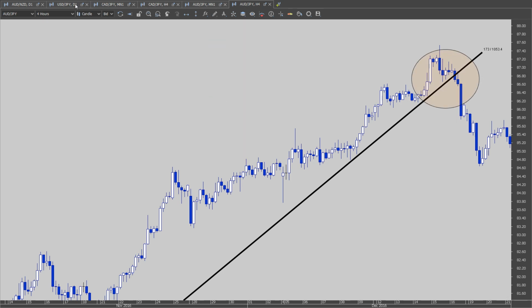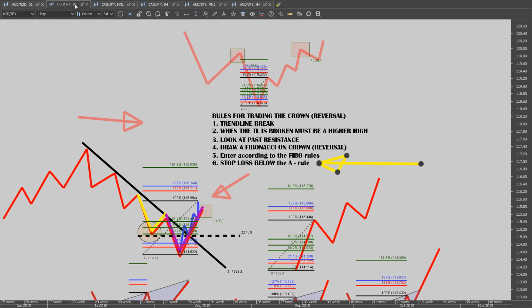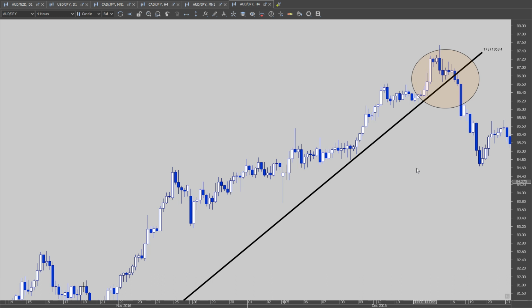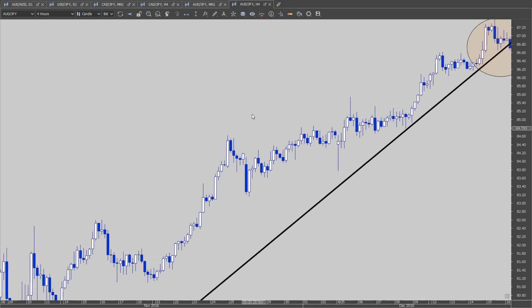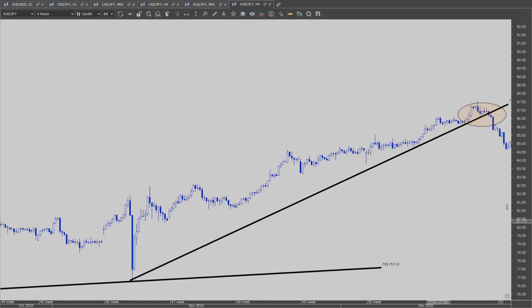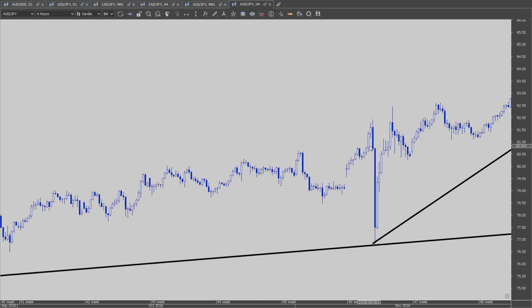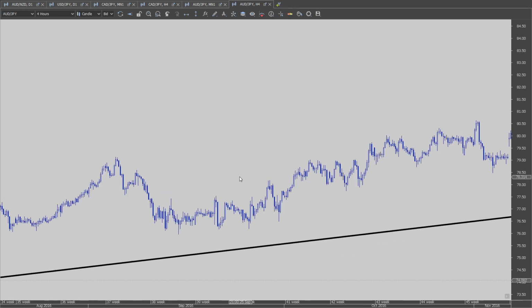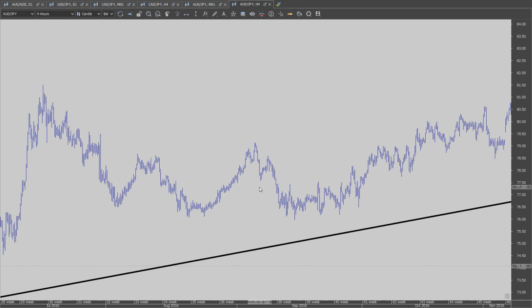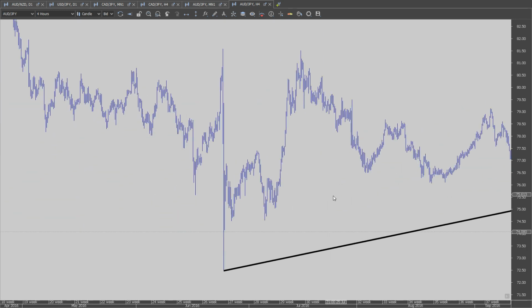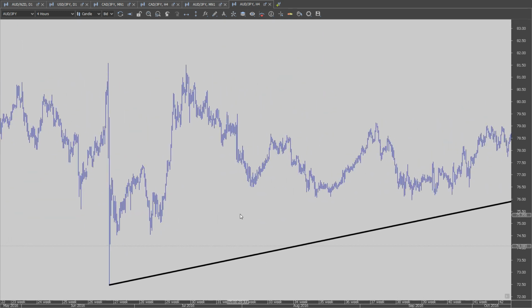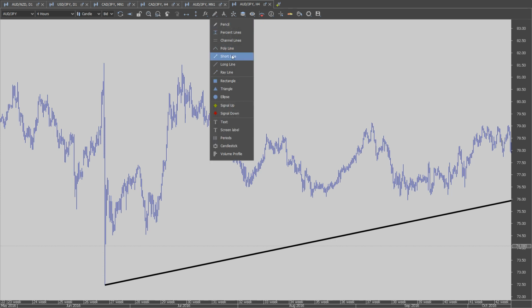Check. Number two, when the trend line is broken, there must be a higher high or a lower low, right? So we need to monitor, and now this is the trick. We said that not all highs and lows are relevant, so we need to monitor the market wave: extension, retracement, extension.